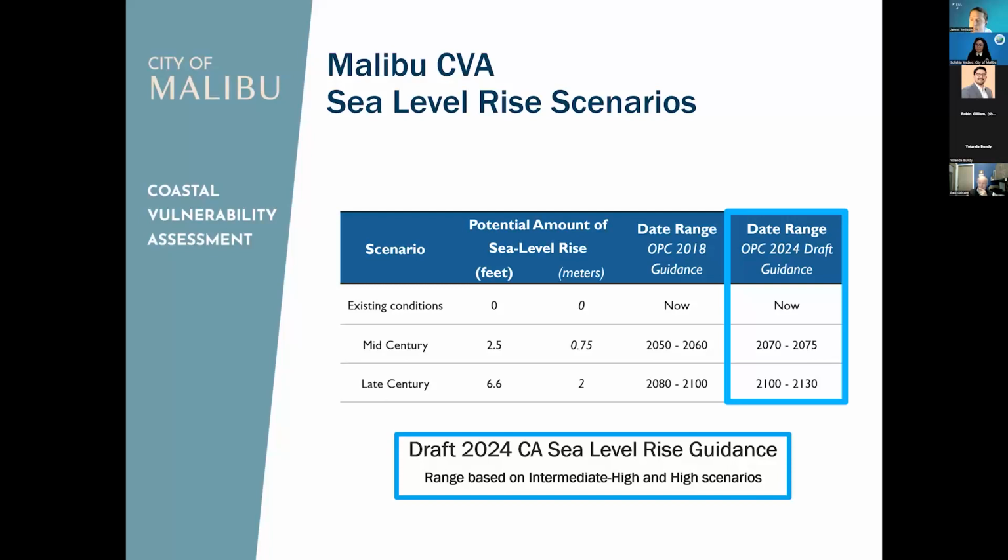Again, the earlier dates in this range should be considered for critical infrastructure planning, while the later dates could be considered for community-wide sea level rise planning, such as this study. This updated information will be incorporated into the final Malibu Coastal Vulnerability Assessment Report. As indicated with this update, sea level rise science is ever evolving, and the scientific community understands and models the changes in sea level rise science.